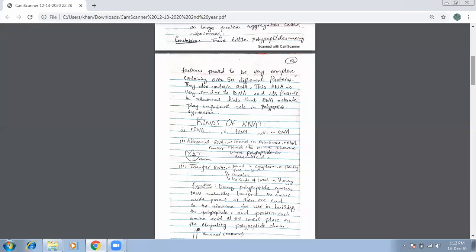The RNA found in them is called ribosomal RNA. The presence of RNA in the ribosomes indicates that RNA molecules play an important role in polypeptide synthesis.